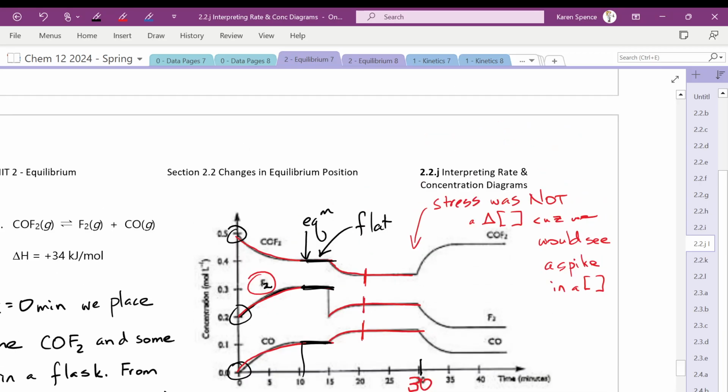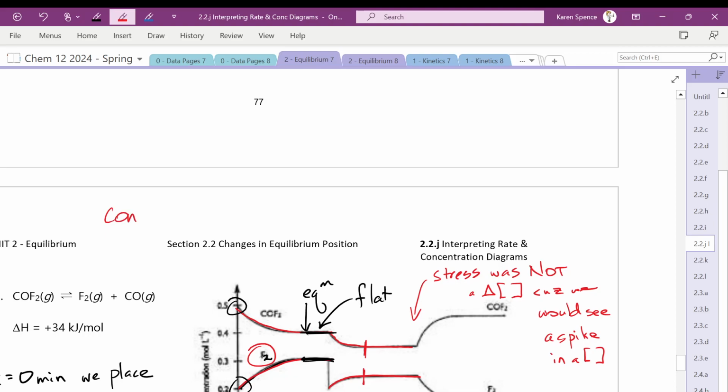What is the unit of concentration? Concentration is measured in moles per liter. So if you change the liters, have you changed the concentration? Yes. So if you change the pressure, you have changed the liters.